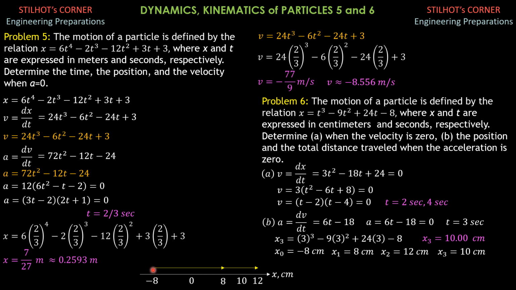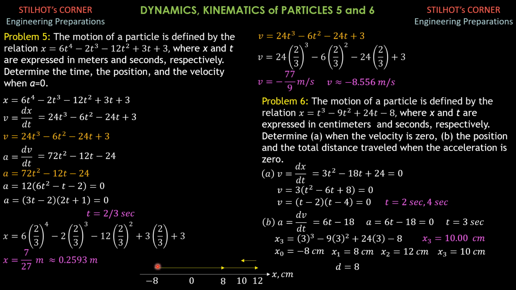This is time 0, time is 1, then time is 2, it is here at 12, then time is 3, it goes back to the 10 cm position. So from 0 to 2, the motion of the particle is rightward, and from 2 to 3, it is leftward.